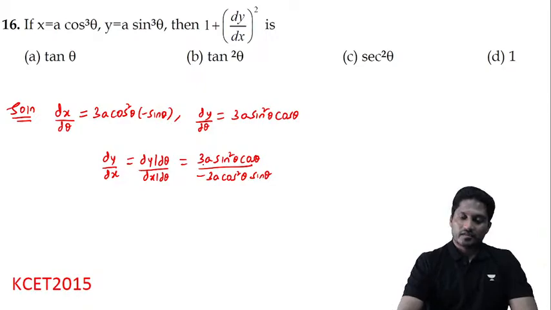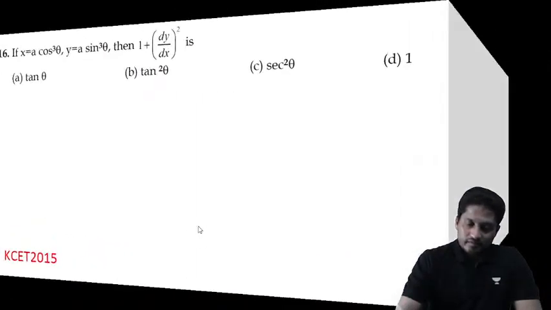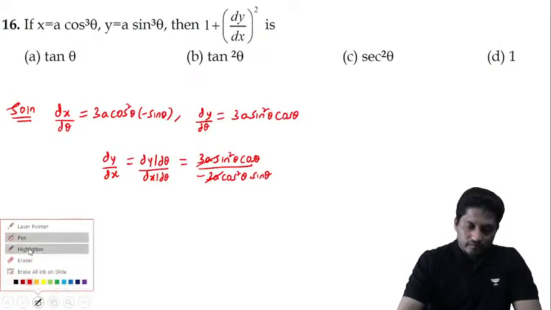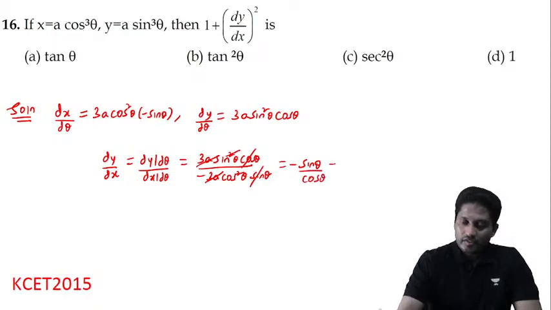Now 3a will cancel, sine will cancel with the square, cos will cancel with the square. It is minus sine upon cos, equal to minus tan.